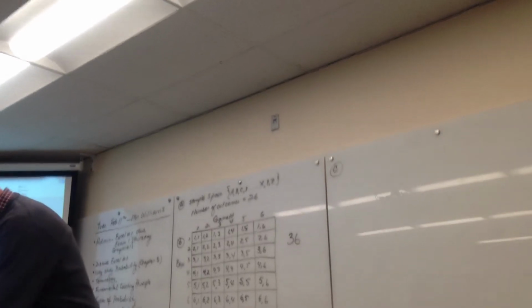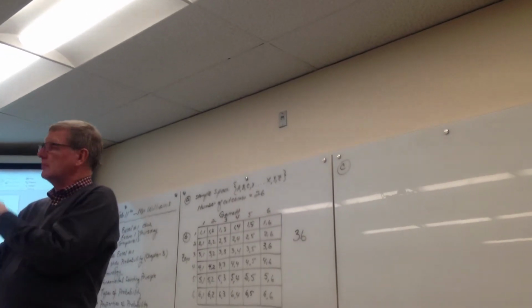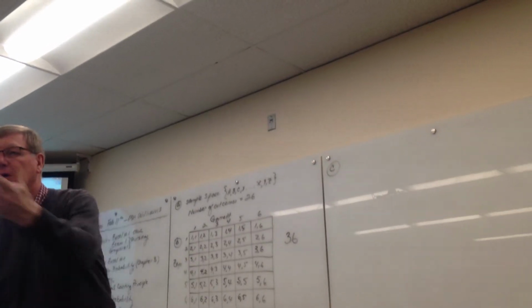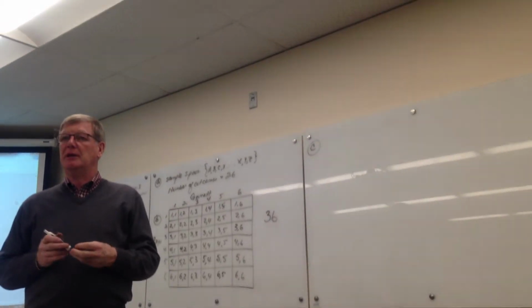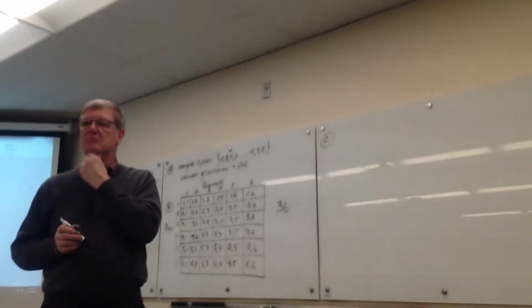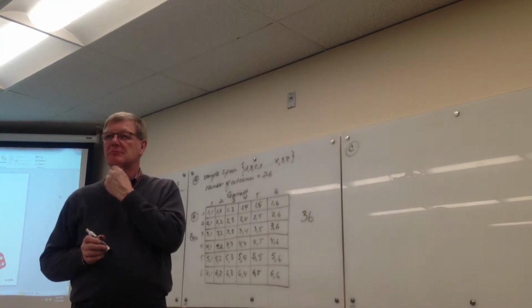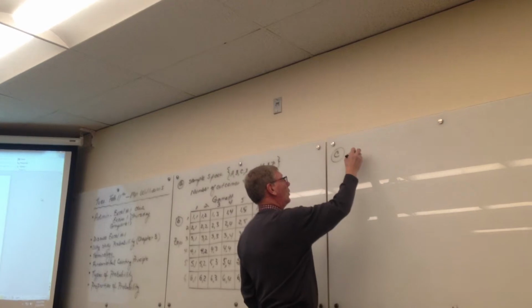Tossing 3 coins, okay? What happens if I toss 3 coins? What are the possibilities in terms of getting heads and tails? Garrett? 8 different possibilities, right? How did you come up with 8 different possibilities? I just wrote out 3 heads, 2 heads and a tail, in order of coin 1, coin 2, coin 3.